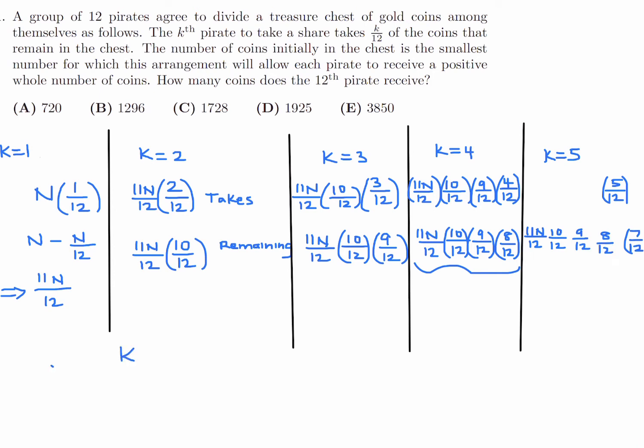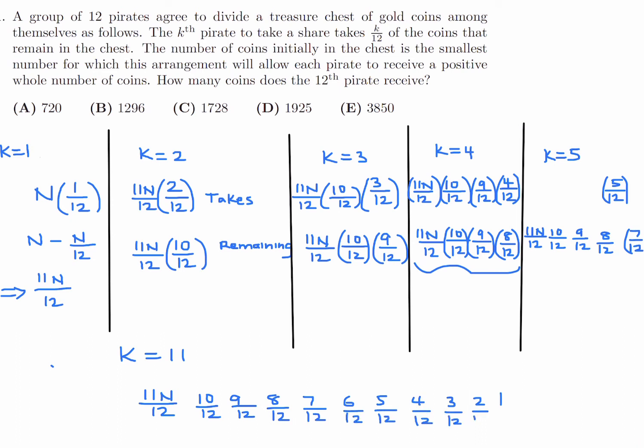You will get to eventually the 11th pirate, and after the 11th pirate is done, what will be remaining is 11N over 12 times 10 over 12, 9 over 12, and so on, 8 over 12, 7, 6, 5, 4, 3, 2, 1, and these are all over 12. So this is what is remaining after the 11th pirate.